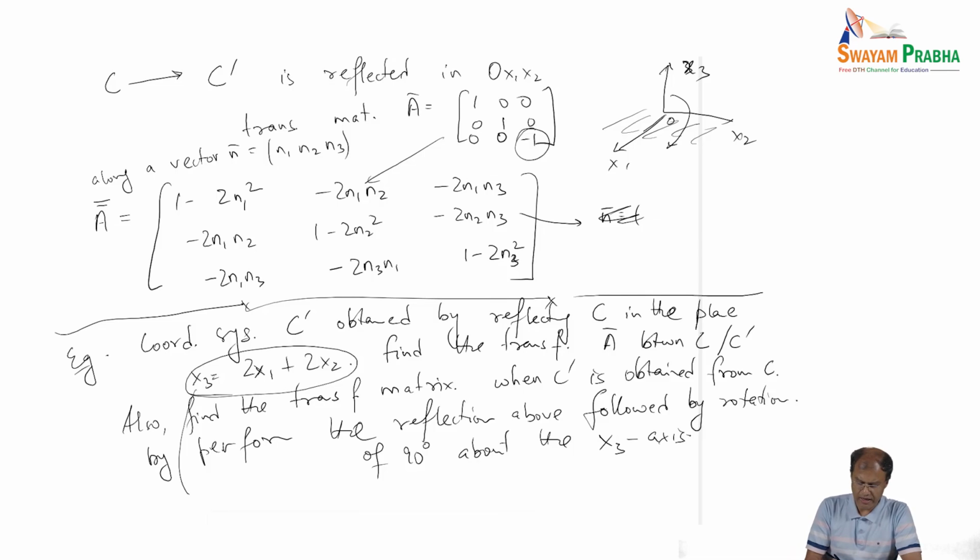This plane can be written as 2x1 plus 2x2 minus x3 is equal to 0. In this plane we have the direction cosines as 2, 2, minus 1, and if we divide by its magnitude, which is 3, we get 2 by 3, 2 by 3, minus 1 by 3.